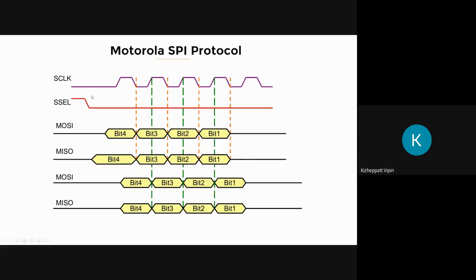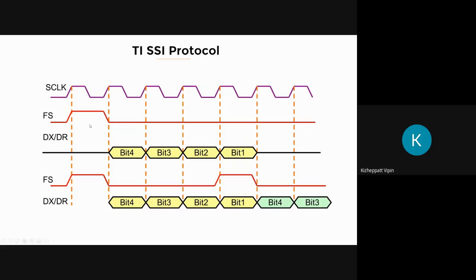Here the slave select will become high when the frame is over. Here, can you see any indication in this figure that transmission is over from master? Yes or no? No, sir. So how will the slave know that the master has finished transmission?